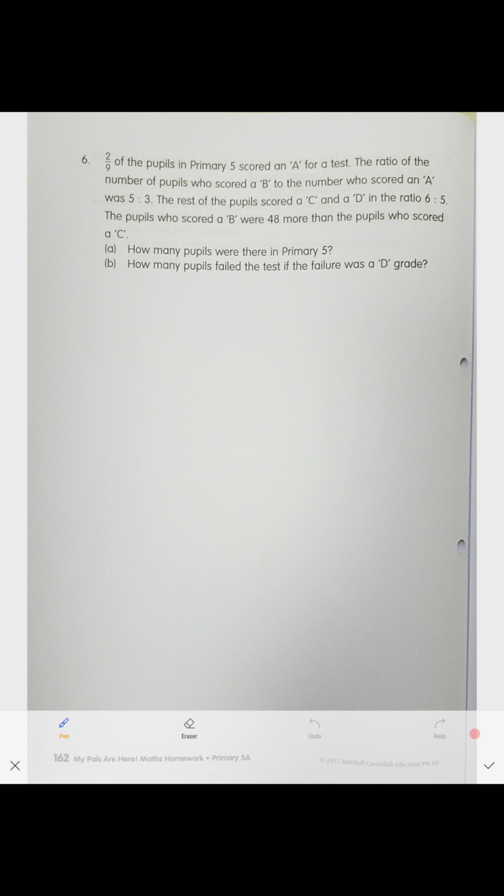Okay. Let's think about it. The ratio of the number of pupils who scored an A to those who scored a B: A pupils to B pupils was 3 to 5.